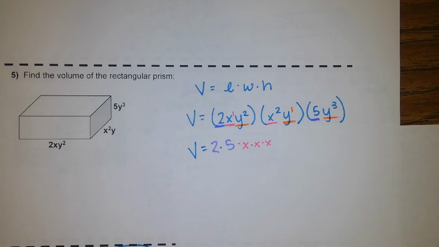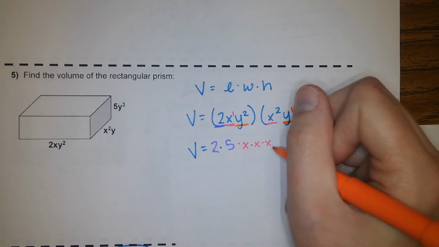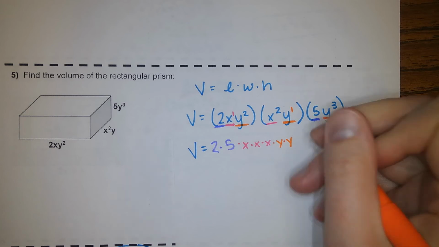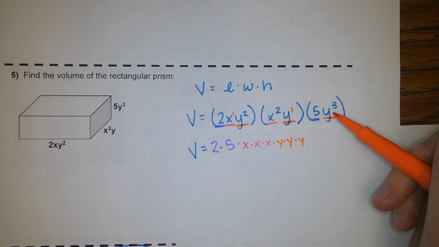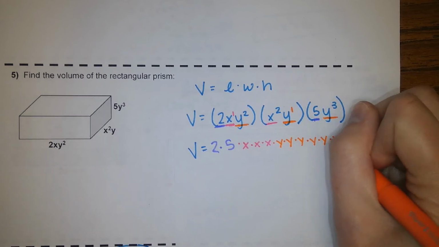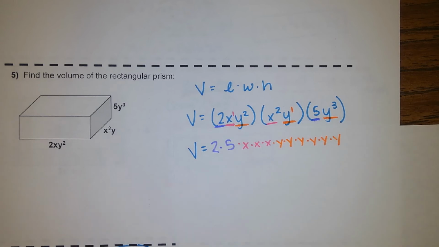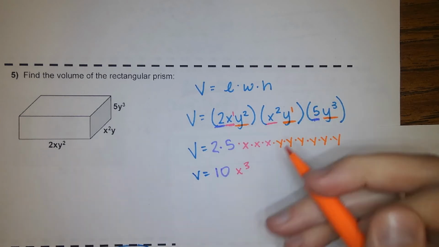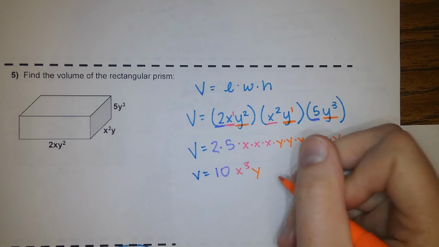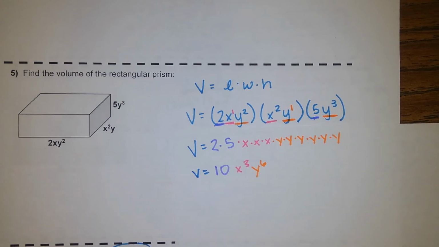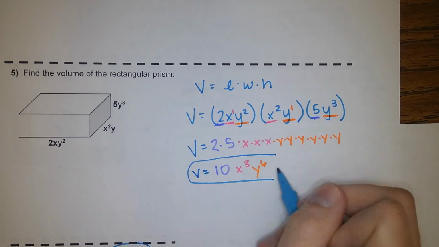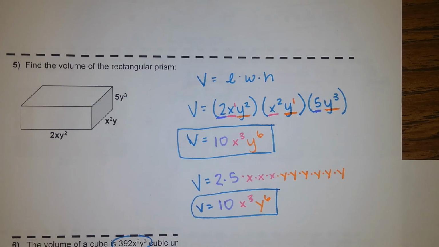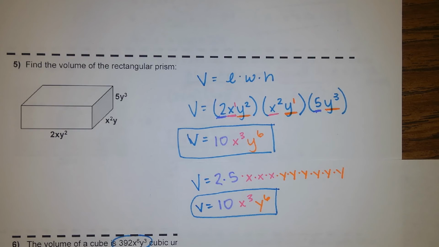And then for our y's, we have 2 y's here, 1 y there, and then 3 y's here. So our volume is equal to 10x cubed y to the 6th. And we see that we get the same answer whether we use the exponent rules or the expanded form. That volume equals 10x cubed y to the 6th.